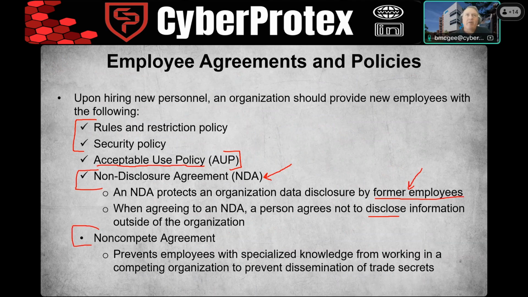Sometimes you see a non-compete agreement, but if you live in a right to work state, usually those are not enforceable. But for purposes of your exam, the acceptable use policy, the NDA, and the non-compete agreement are things you may see on the exam, but usually they don't show their ugly heads.